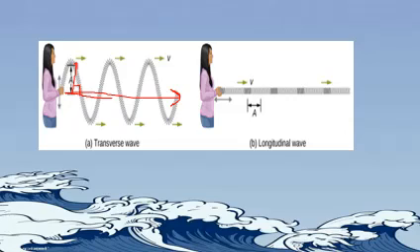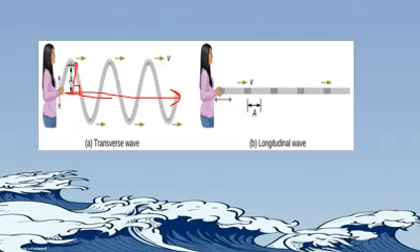Because it vibrates the particles perpendicularly to the direction of propagation. For an example of the transverse wave, we have sea waves. Sea wave is a transverse wave. Why? Because it vibrates the particles of the water perpendicularly to the direction of propagation.